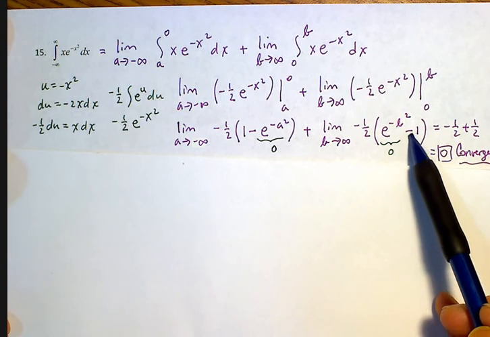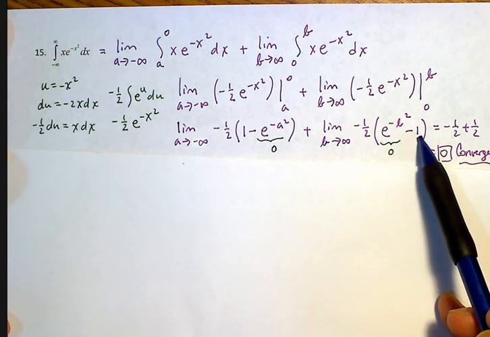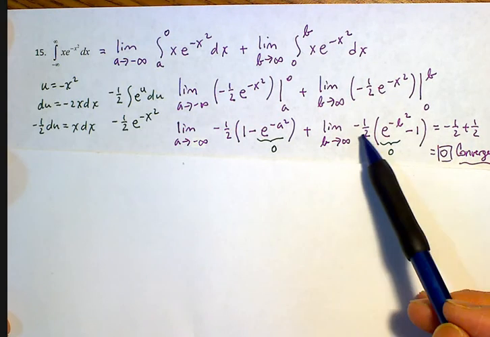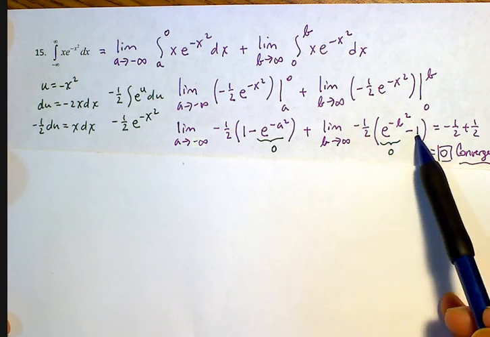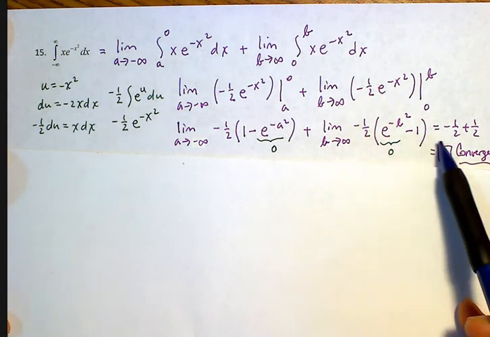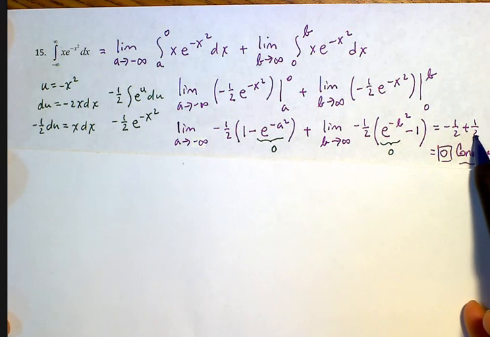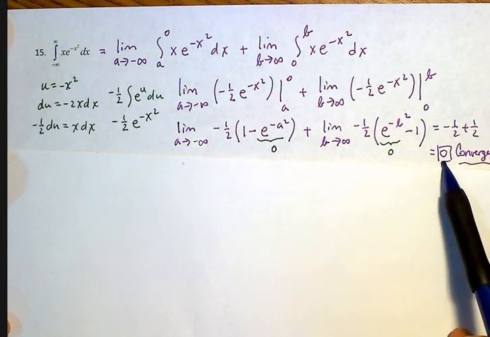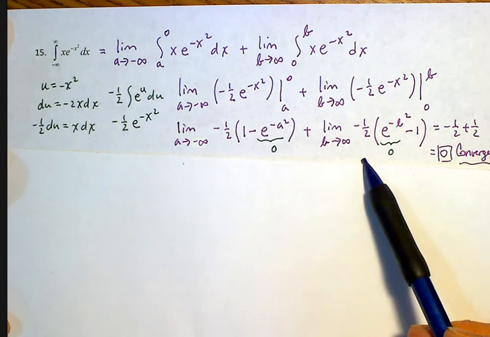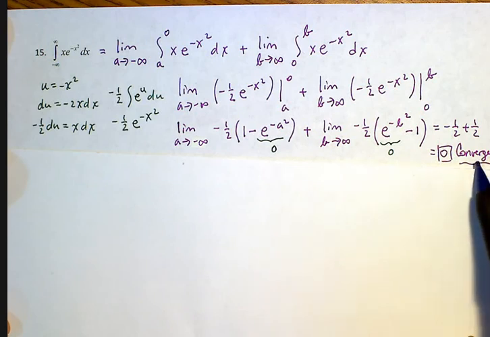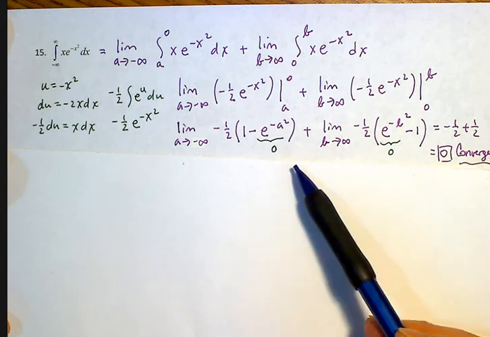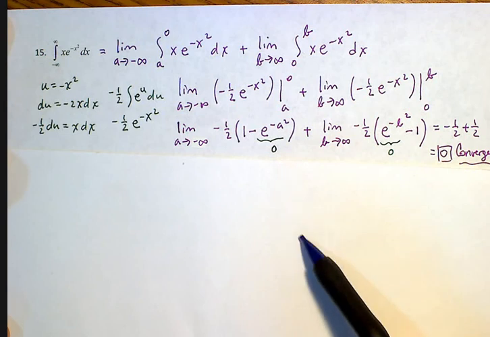And then minus e to the 0 power, which is 1. So here I get negative 1/2 times negative 1, which comes out to a positive 1/2. Adding them together, I get 0. Since both of them converge, the overall integral converges. However, if one of them diverges, then the entire integral will diverge.